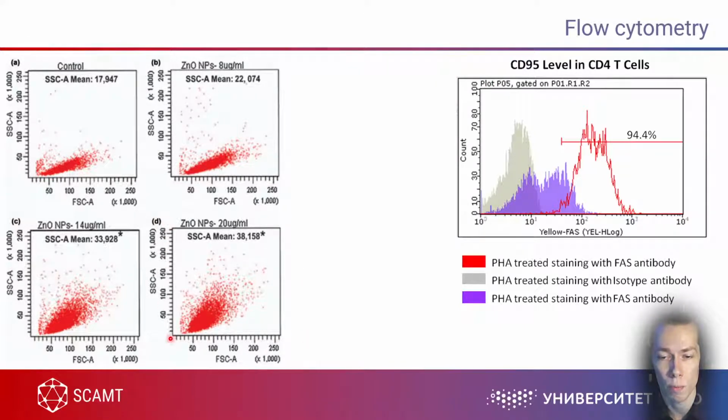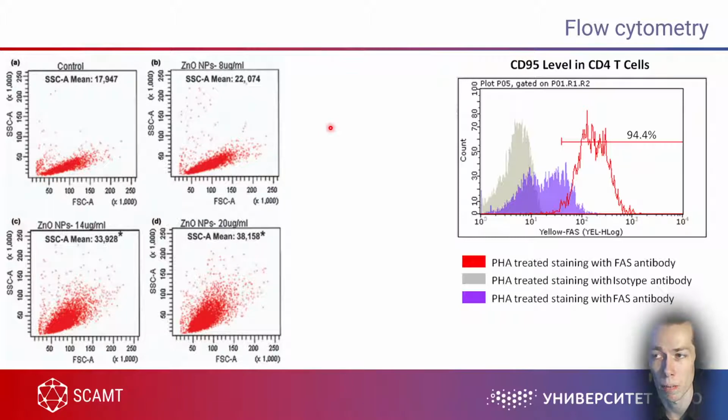And even without any fluorescent staining, you will understand, for example, these cells are in apoptosis, these cells are in necrosis, and this is not cells after all, this is just already part of cells. So flow cytometry is a very powerful method to understand the stage and different subpopulations in your cell culture.